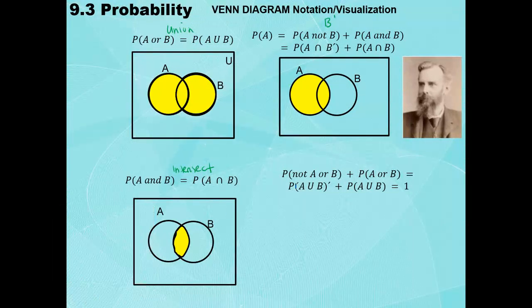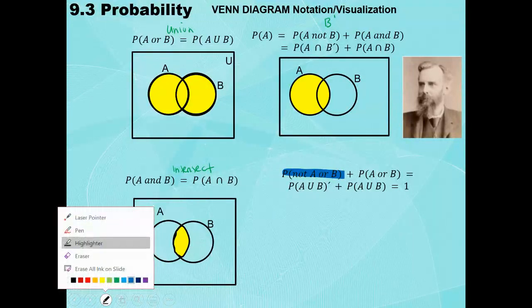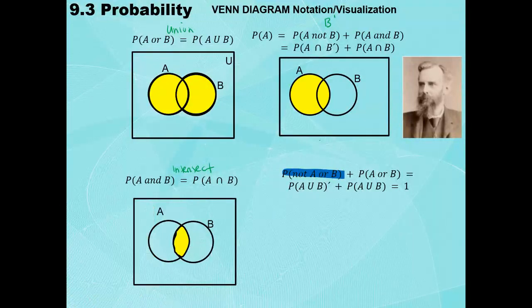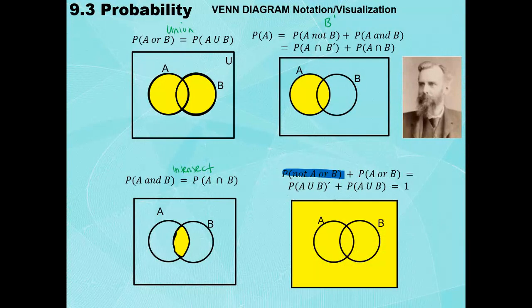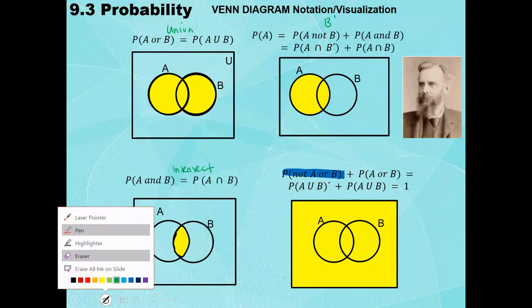Here, the probability of not A or B. So not A would be everything outside of A. Or B happening. Okay, I'm going to shade it as we do it. Let's pretend none of that is shaded.